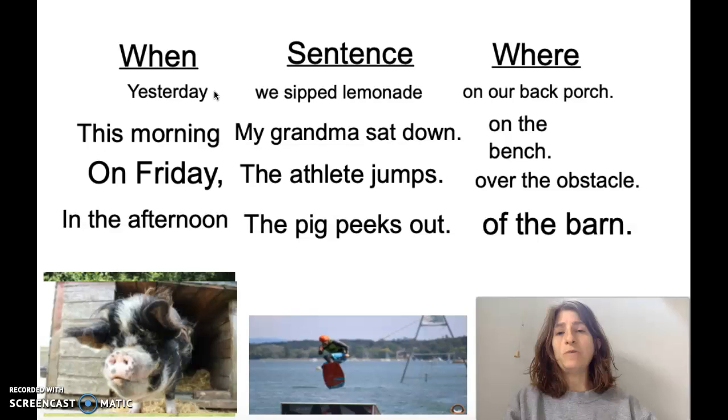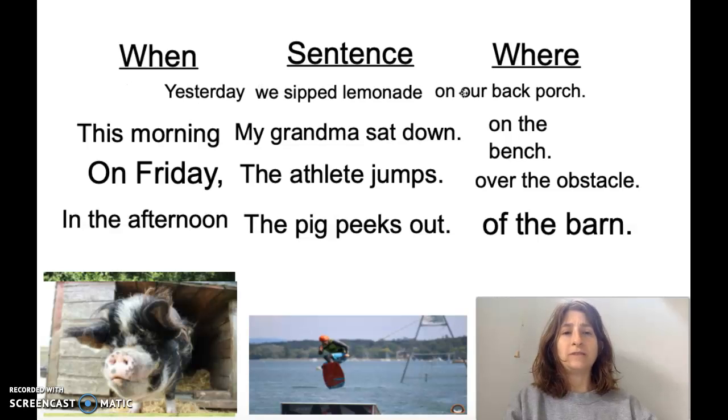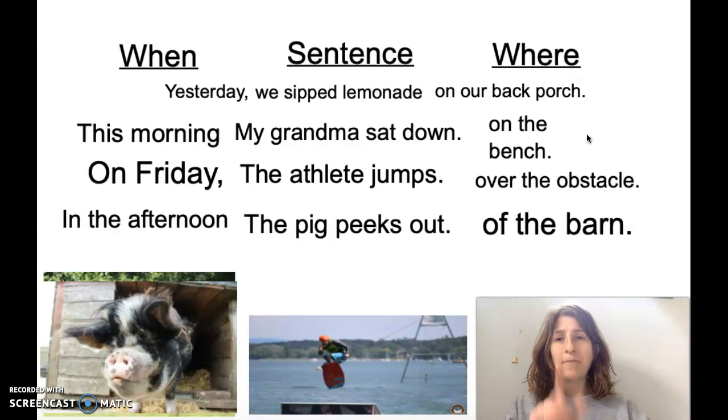So if I'm using all of these parts, yesterday we sipped lemonade on our back porch, that would go together like that. But I would need to make sure that I have all those parts in the right spots with capitals at the beginning and periods at the end. You may pause this video now and see if you can fix my other sentences. When you're ready, you may unpause it and check.